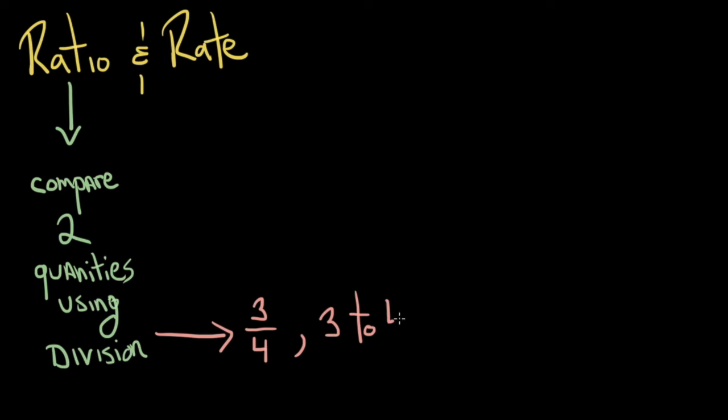How you write it is we don't say 3 divided by 4, we say 3 to 4. So that's one way to do it. And we also can use these little colons. So 3 to 4. When you see those little colons, it means "to", not the number 2, like T-O. Don't you love the English language? So that's what a ratio is.